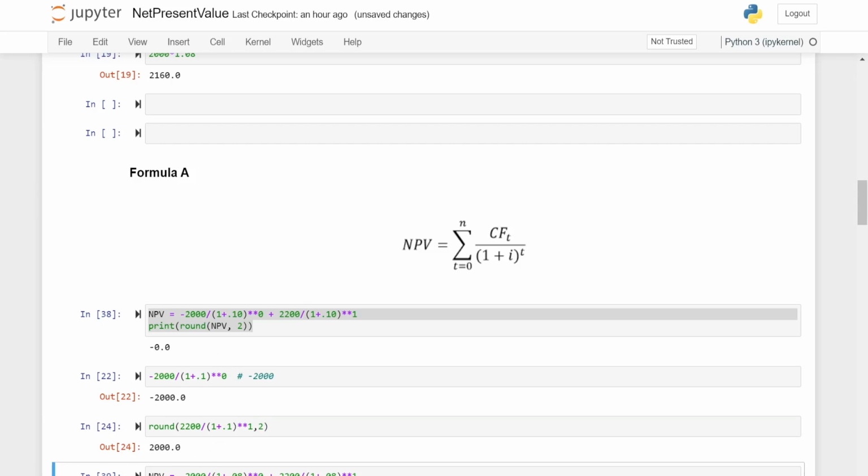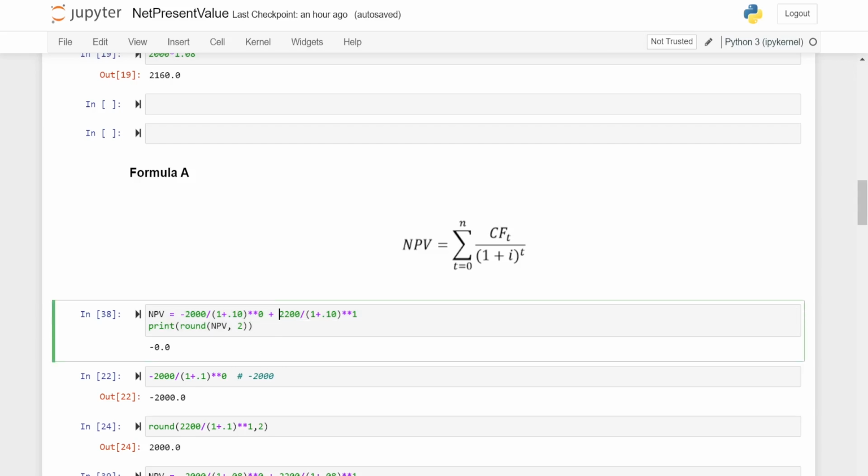Minus 2000 plus 2000, what will be the net present value? The net present value will be 0. So I calculated this part separately, and this part is here. Now what will we do? We will simply put the result into the variable called NPV, and we will print NPV, that is 0.